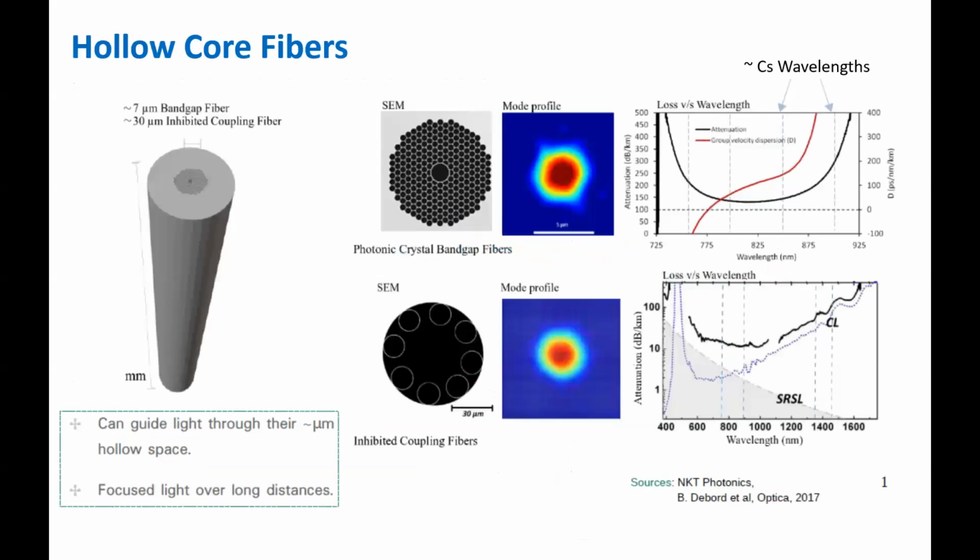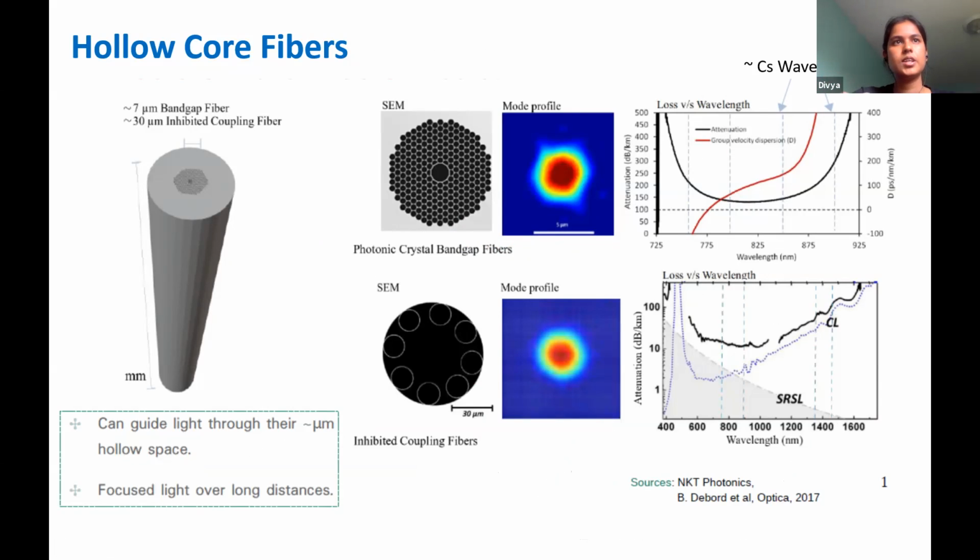The first fiber is a 7 micrometer bandgap fiber, which allows us to transmit the wavelength range of 725 to 895. And the second one is a 30 micrometer fiber, which will allow us to transmit a larger wavelength range, around 400 to 1600.